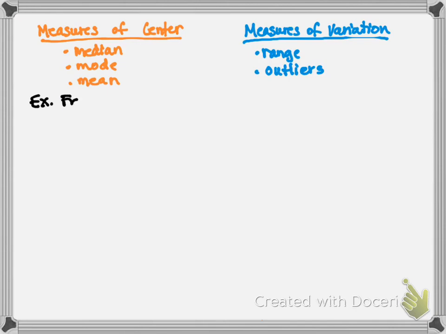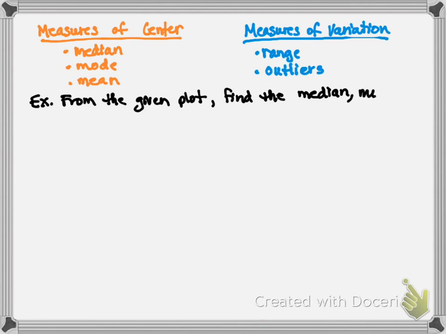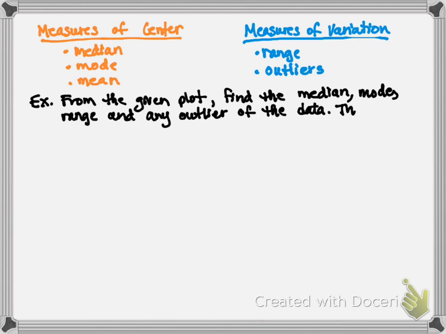So from the given plot, so this will be given to you, find the median, mode, range, and any outliers of the data. Then describe the data.